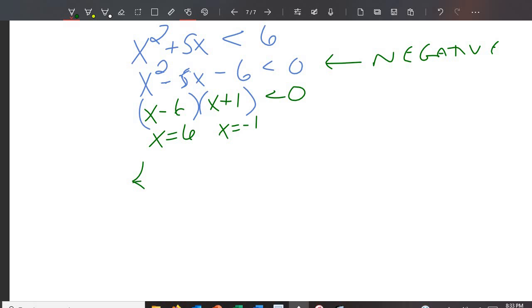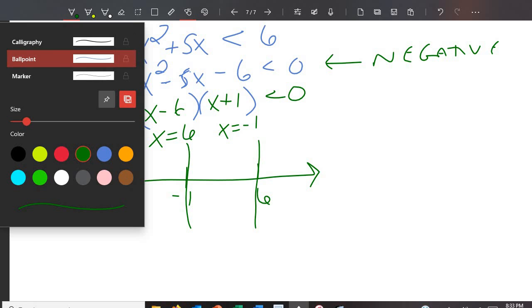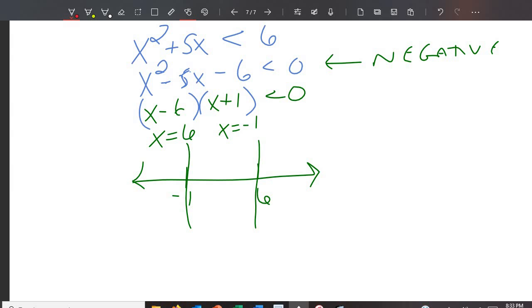Alright, draw my number line. Negative 1, positive 6. For my test values, I am going to choose negative 2, 0, and 7. Now remember, we want to plug them in right here.